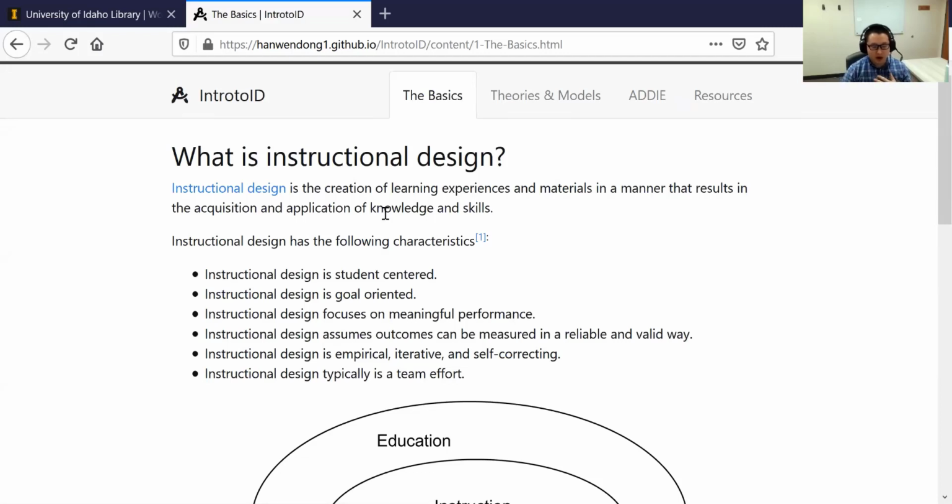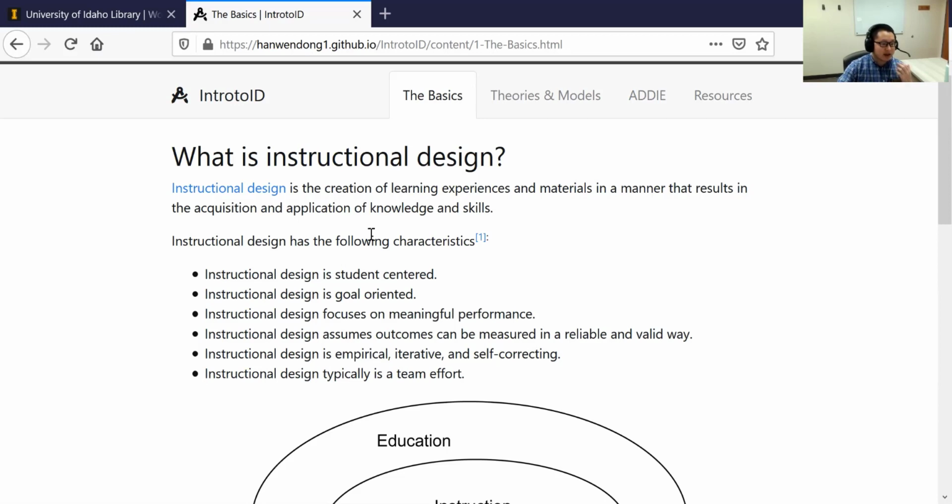If we look at the military, hospitals, or corporations, for example, there's always a new person coming in who needs to be trained on a specific set of skills. So instructional design can have a wide application in addition to higher education.